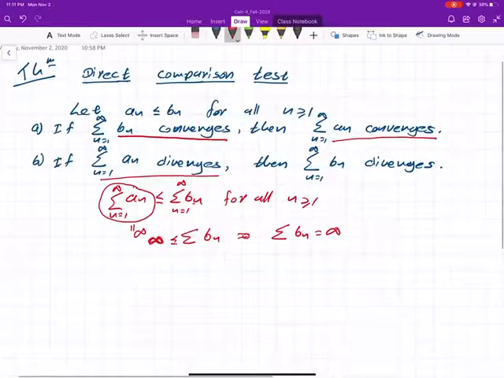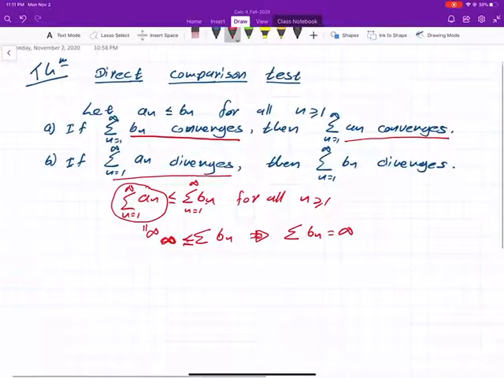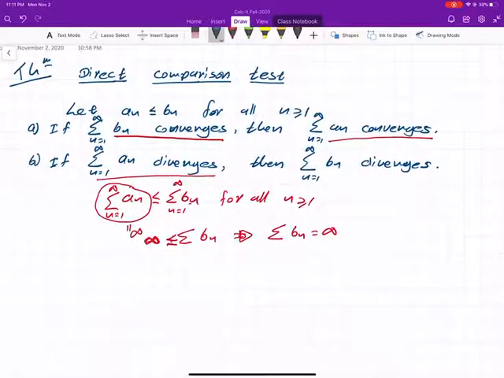The greater than symbol does not work because infinity is the largest that you would think. So it is sigma bn equal to infinity. That means this bn diverges. Okay, that's part B here. That means if an diverges, bn diverges. That's part B. Part A is if sigma bn converges, sigma an converges.